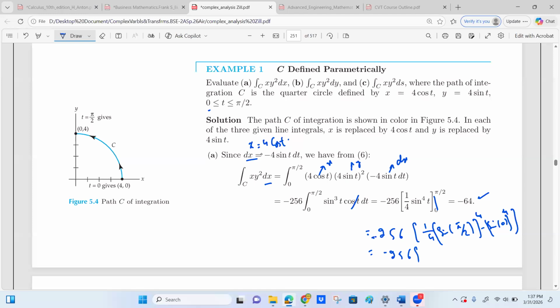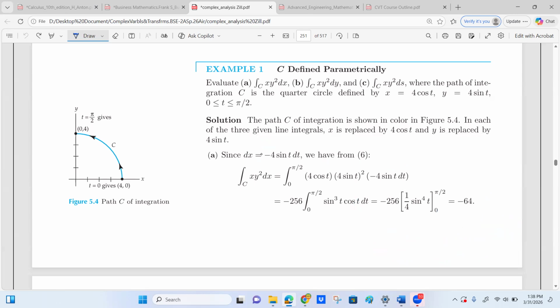Students, I think sine of pi by 2 is minus 1 or 1, I don't know exactly, but its power is an even number, so its result will be the positive one. Sine of 0 is 0. So its result is basically 256 divided by 4, and then afterward you will get its result, this is minus 64. Okay, basically these are the parts.